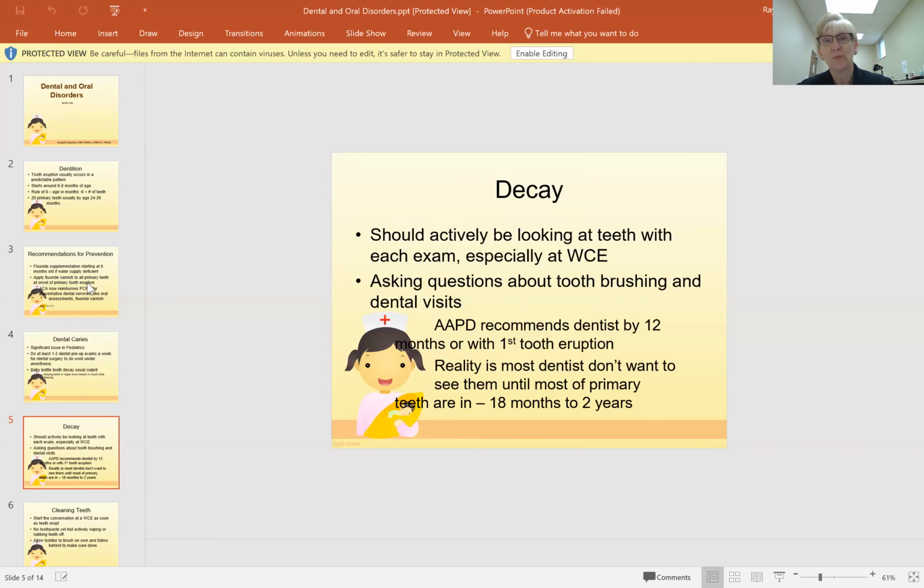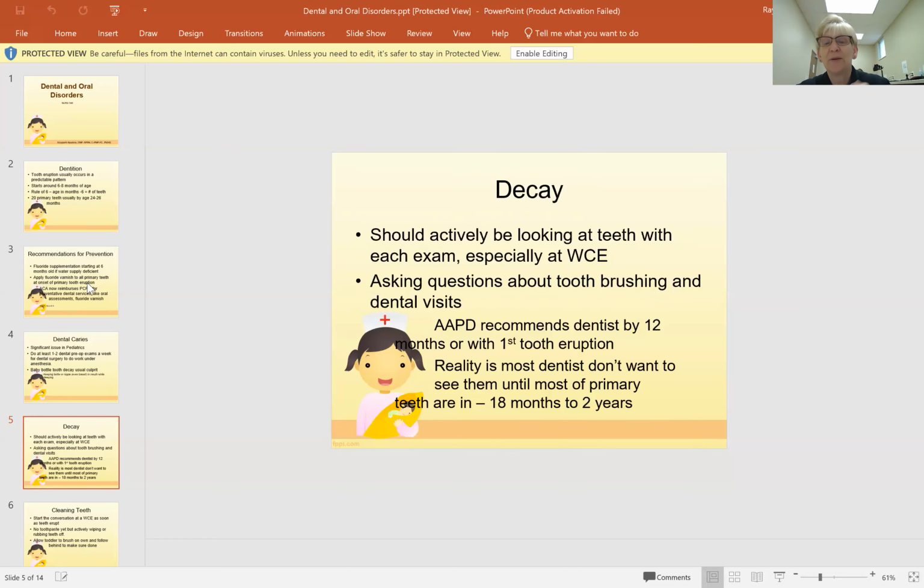Some people like their own private dentist that the whole family goes to, and if they've contacted their dentist and the dentist says they don't want to see them until a certain age, I document that: discussed seeing the dentist, mom has contacted a personal dentist and doesn't want to see child until a certain age. I've assessed and I have done what I was supposed to do, and I documented that, okay?